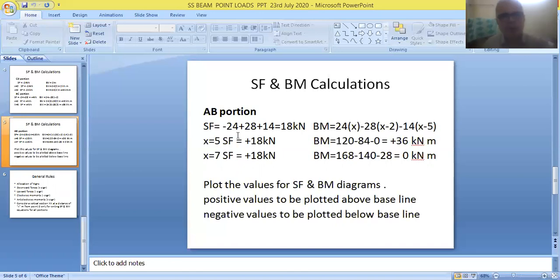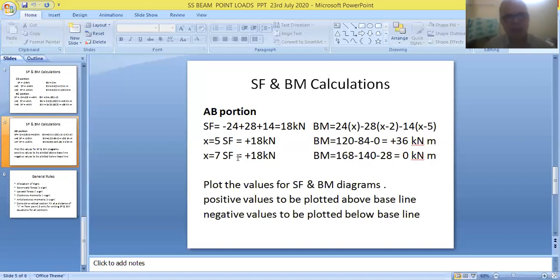So find out the final value. It will be coming to 18 kilonewtons. Again, friends, it is independent of X value, and therefore at X equal to 5 it will be plus 18, and at X equal to 7 also it will be 18 kilonewtons.